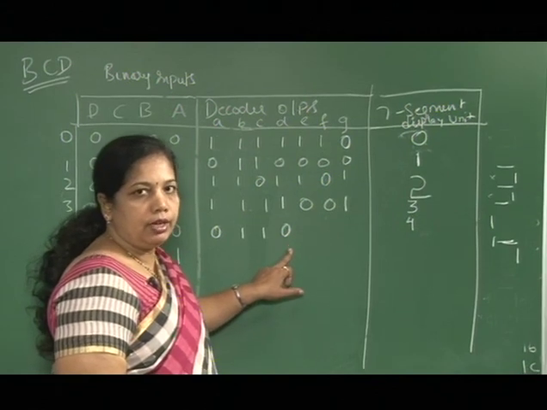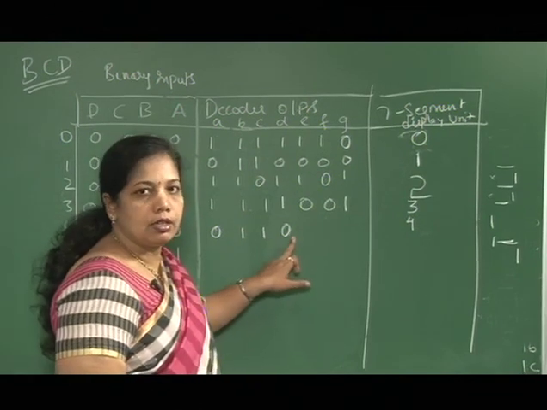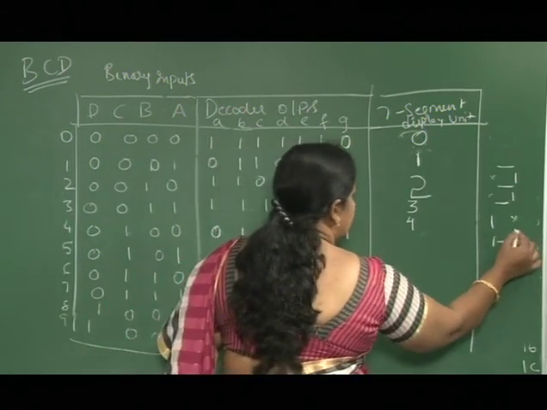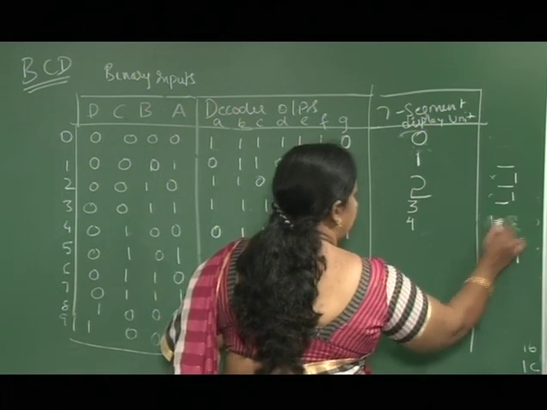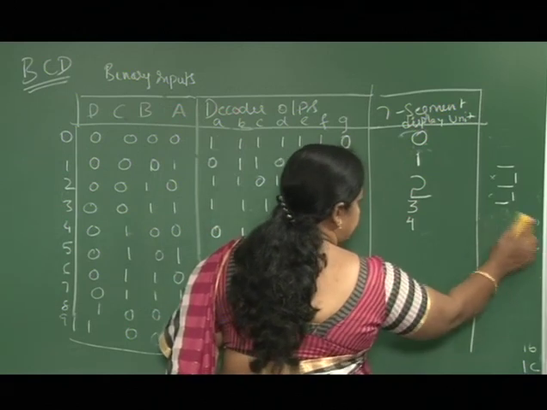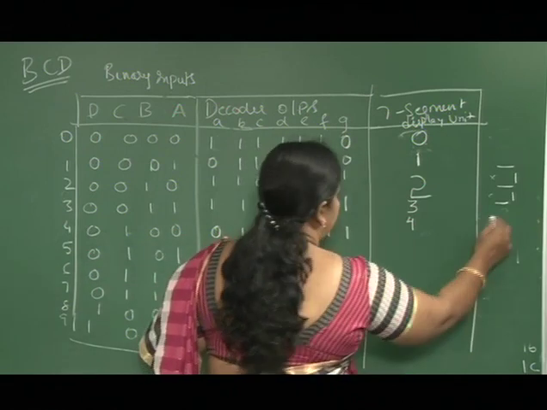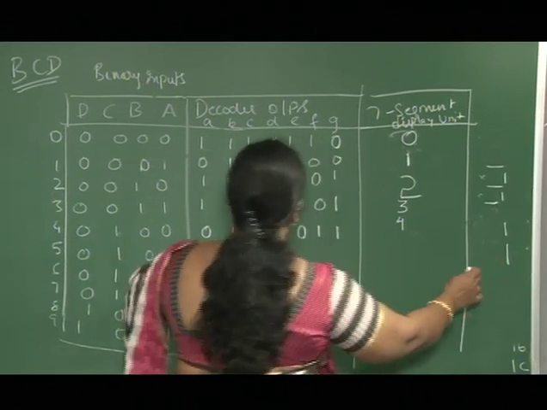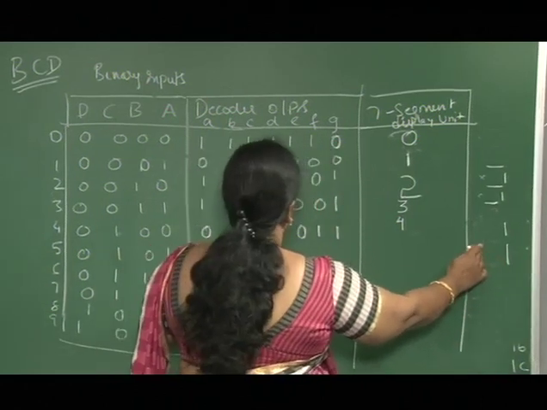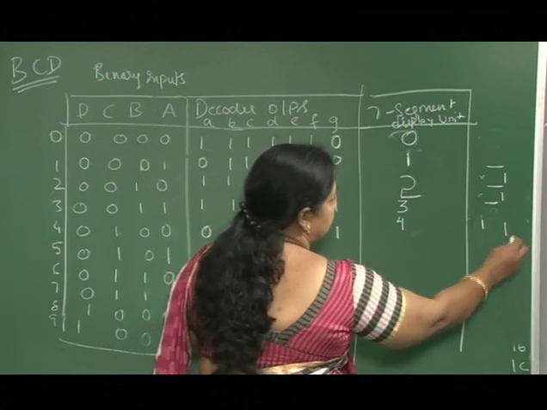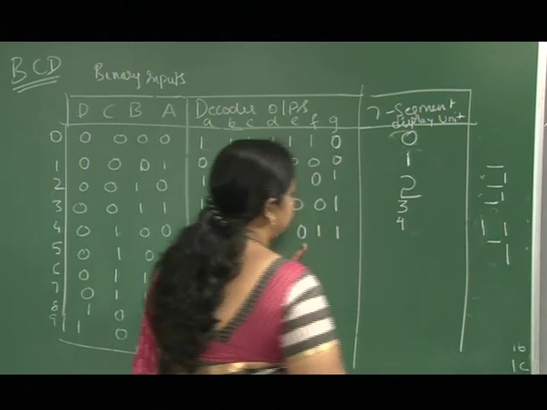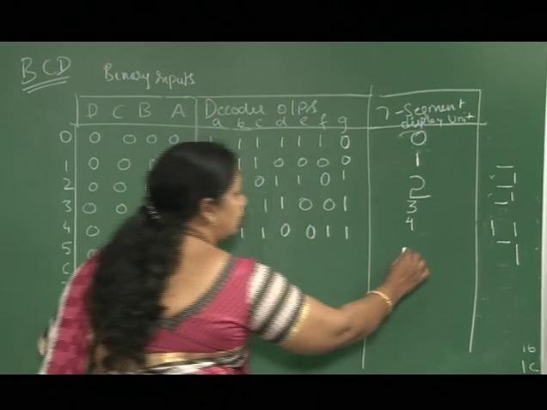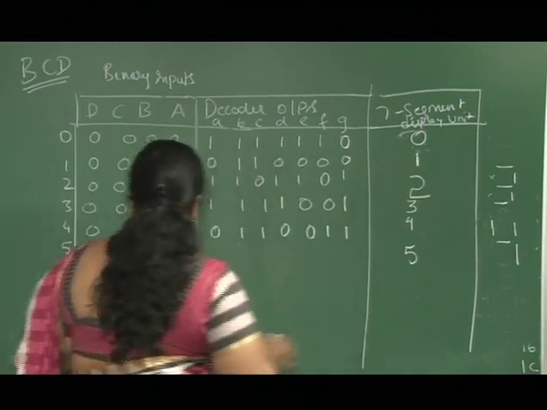For 4 it is 0, 1, 1, 0, then 0, 1, 1. So among the segments, A is off, B and C are on, D is off, E is off, then F and G are on. So this is how I am going to write from 0 to 9.